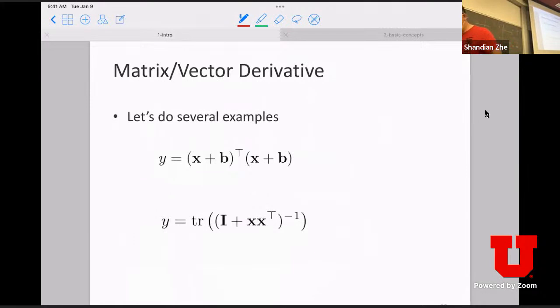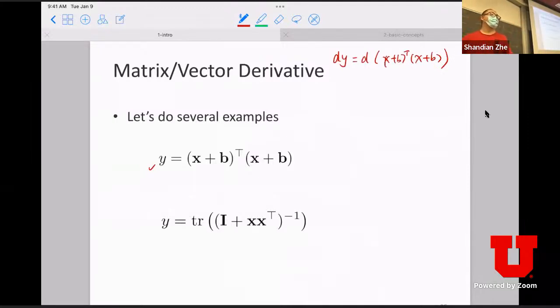This function y is a scalar. It is an inner product between two vectors, x plus b transpose x plus b. So we want to take dy, which is d of x plus b transpose x plus b. I want to decompose this.